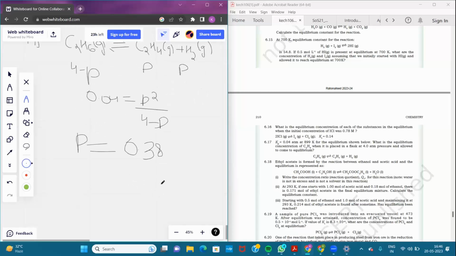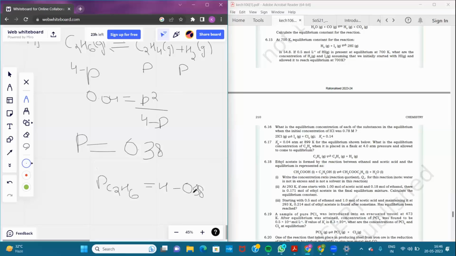So, they asked about the equilibrium concentration of C2H6. That is, the equilibrium pressure of C2H6 is 4 minus 0.38.